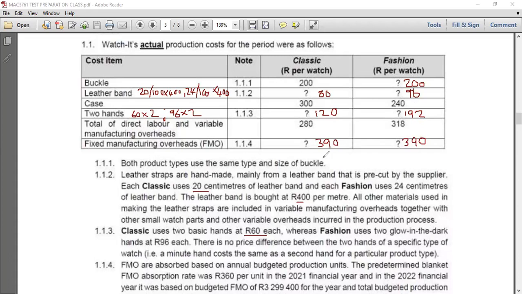Then can you give me the total for each? What is the 80.96, please? 1,374.